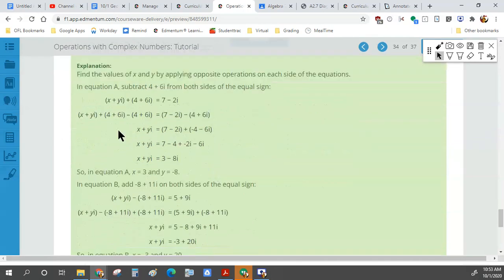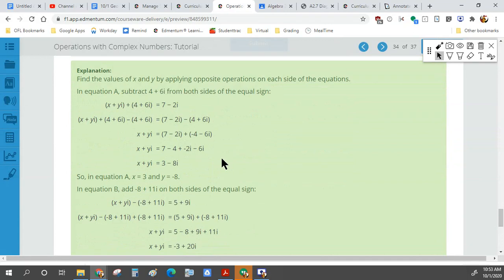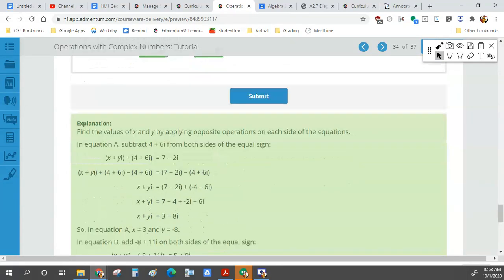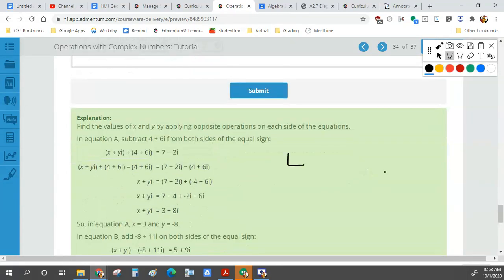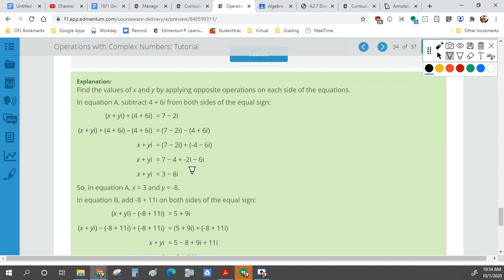And then they show the work here, but they show it in a complex way. I like thinking of it this way. Put a little box, put a plus 4 equals 7. And then you put a little box, box i, plus 6 gives you -2. So you're kind of asking yourself, what? So that's where I got this -8 from. They solve it a little differently.